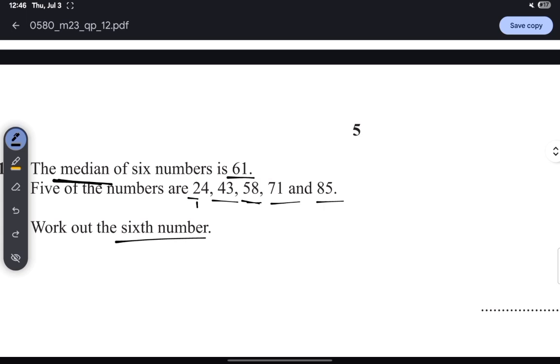We're given five numbers. So it should be between 58 and some other number, right? So we put 58 plus x divided by 2 is giving us 61.